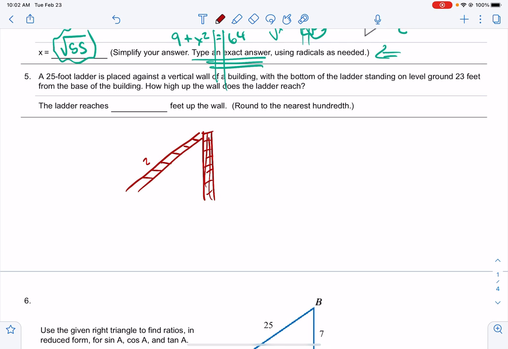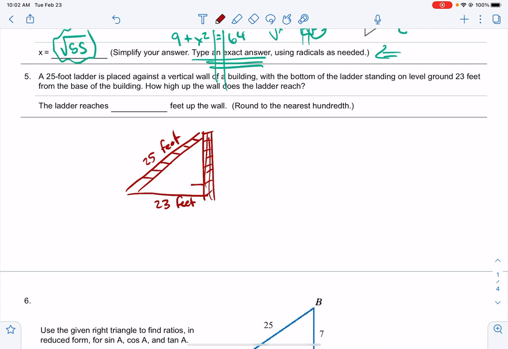And I know that the ladder is 25 feet long. The bottom of the ladder is standing on the ground 23 feet from the base. So the bottom of the ladder is 23 feet away from the base of the building. How high up the wall does the ladder reach?